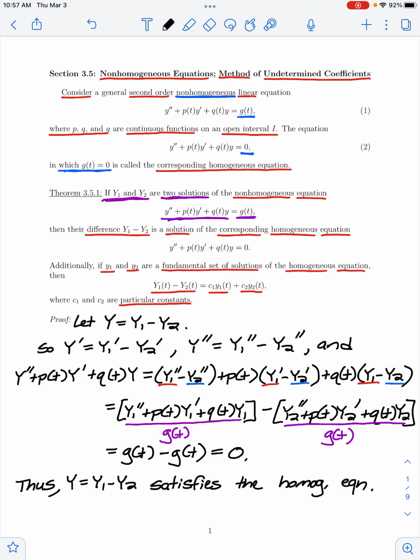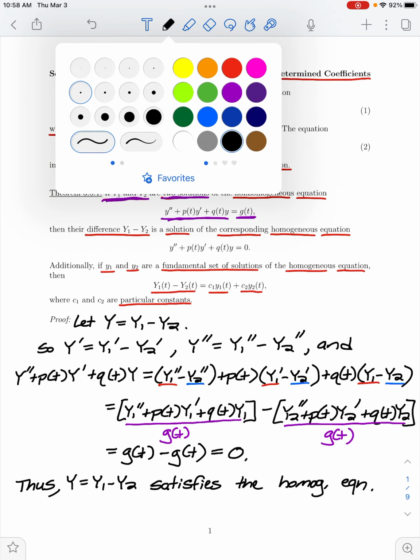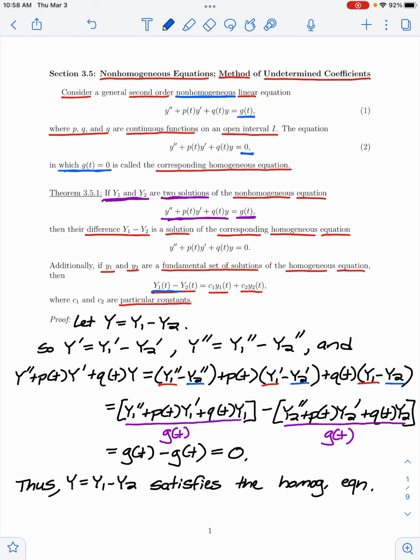And so the last part of this theorem, of course, follows immediately. It says if little y1 and y2 were a fundamental set of solutions of the homogeneous equation, then the difference of Y1 and Y2 would be some linear combination of little y1 and y2.